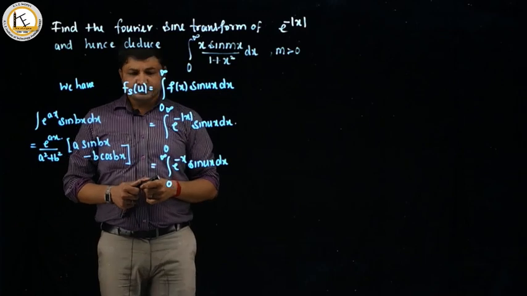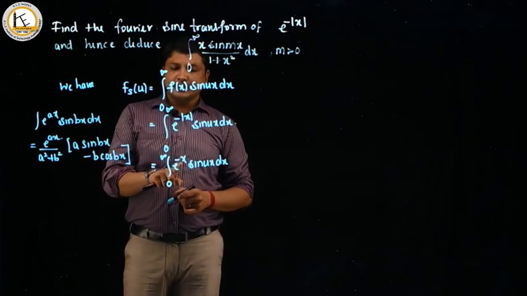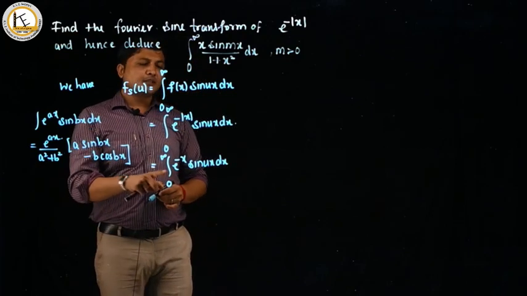In this function, a is minus 1 and b is u.